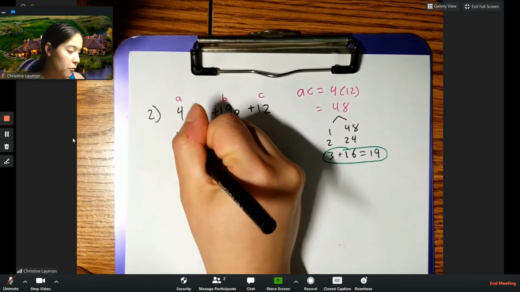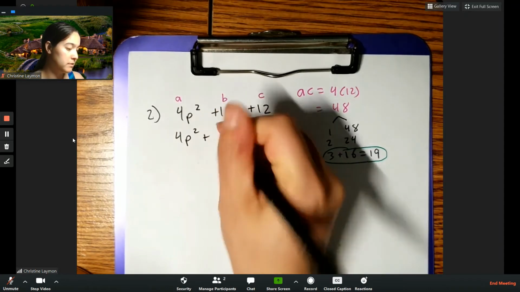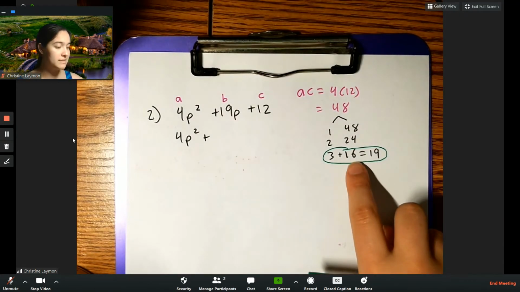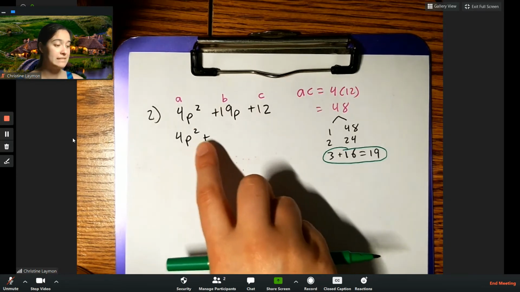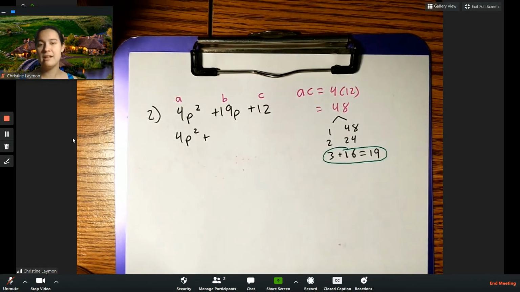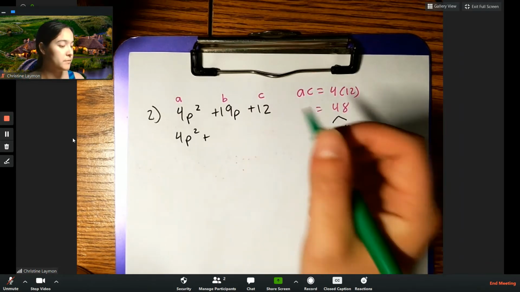So I have 4p squared plus, and to make this a little bit nicer to factor, I'm going to put the 16 first because 4 and 16 go nicely together and 3 and 12 go nicely together. Even if you did it the other way, it would still work. It just might be a little bit more annoying.